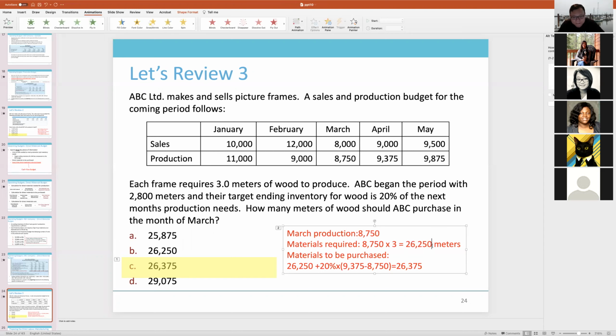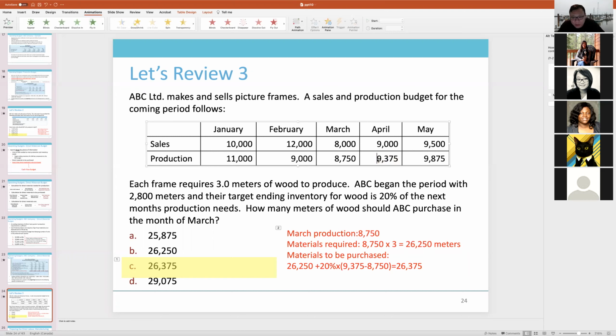Is that correct? And then April, that will be 20% of the next month's production need, right? So April is the ending balance, 20% of the next month's production needs.